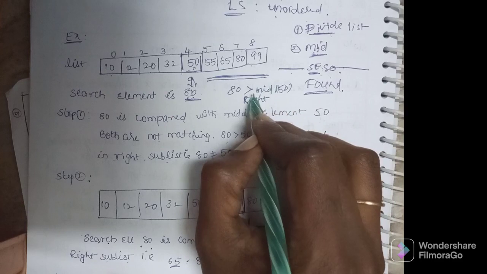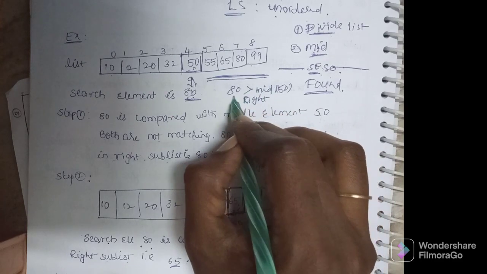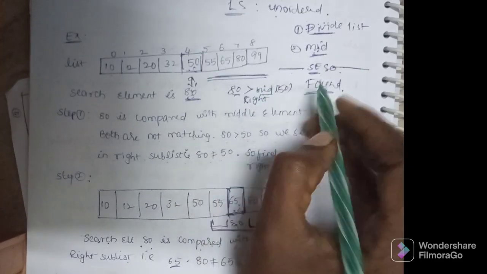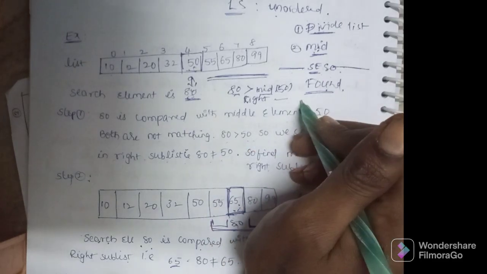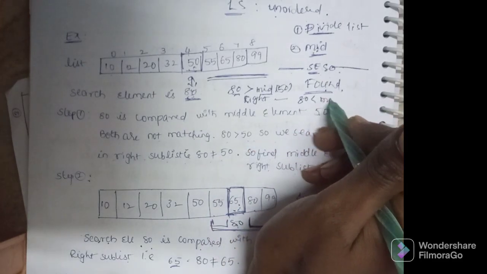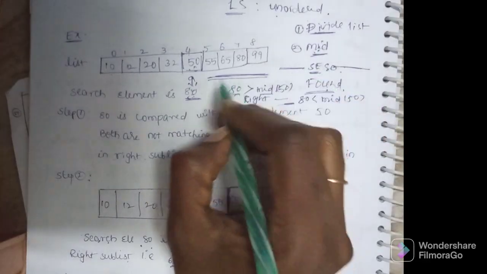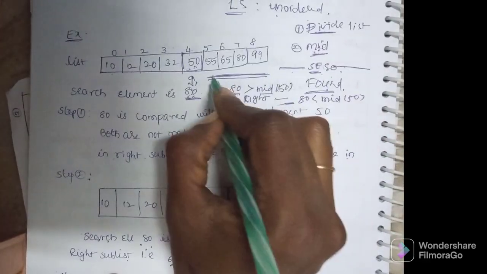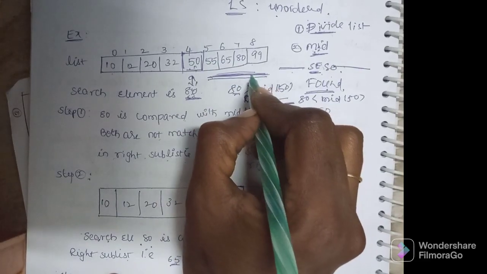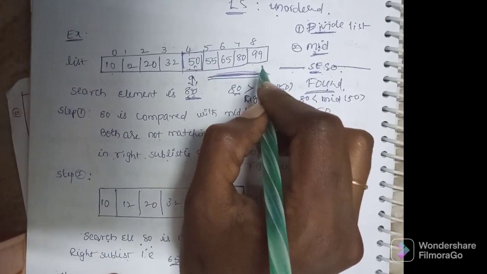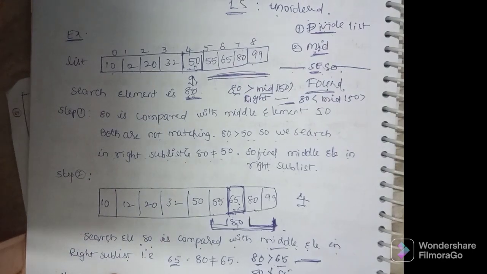If the search element is greater than the middle element, move right. If the search element is less than the middle element, that is 50, move left. In our case it is greater, so we move to the next side. Okay, clear this one? Now we'll go for the program of the binary search algorithm.